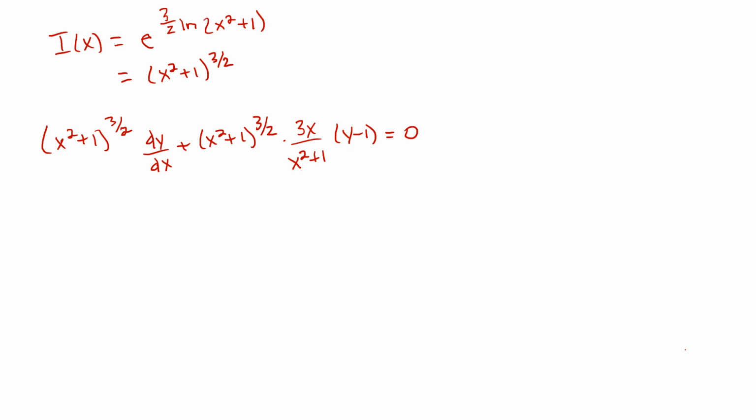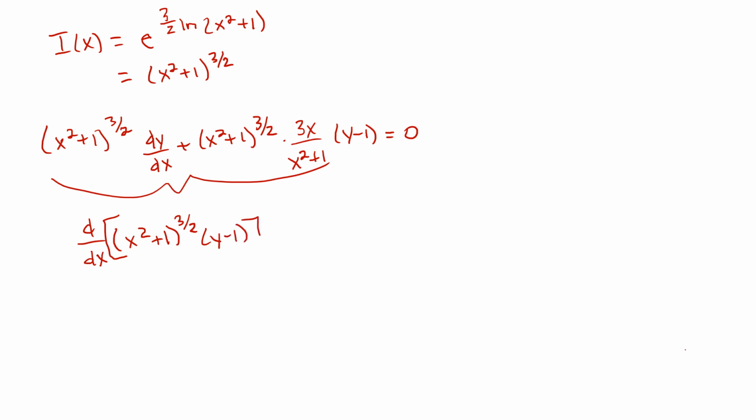Okay, so we know the left side is the derivative of x squared. Actually, let's put a bracket here because I'll be multiplying. x squared plus 1 to the power 3/2 times y minus 1, and that equals 0.